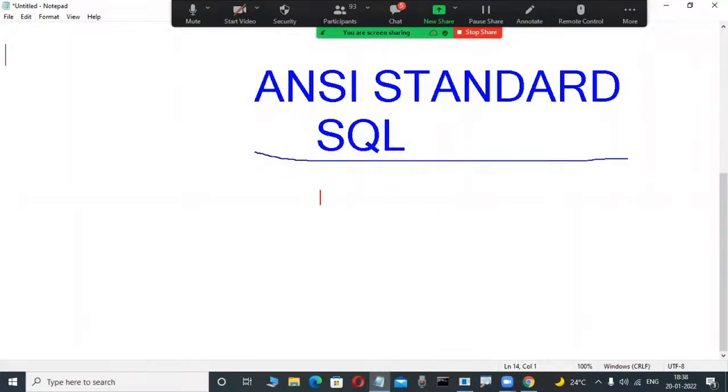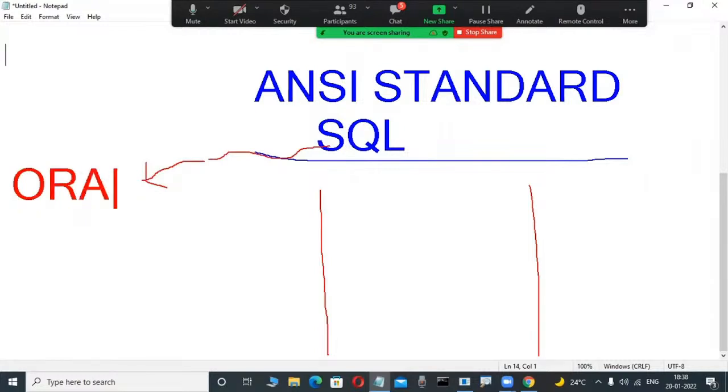I agree, but unfortunately, observe here, from this ANSI standard SQL language, Oracle Corporation created their own SQL that is called Oracle SQL. That is important, and many people don't know that.